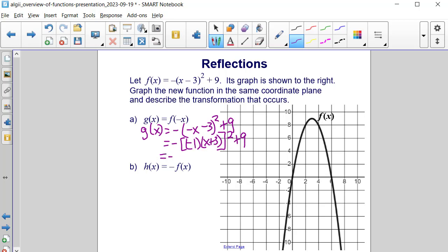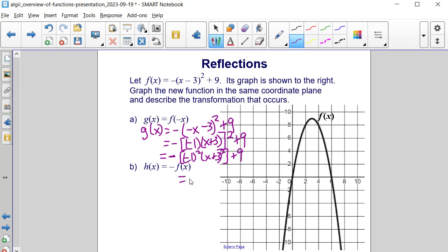So we still have negative that's way out in front from our original function. And then we have negative 1 quantity squared times x plus 3 squared. And then we have a plus 9. Well, negative 1 squared is positive 1.